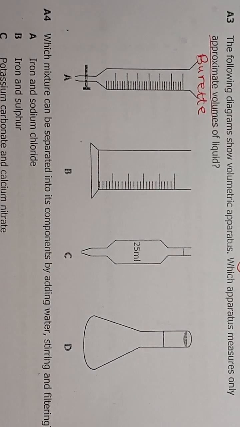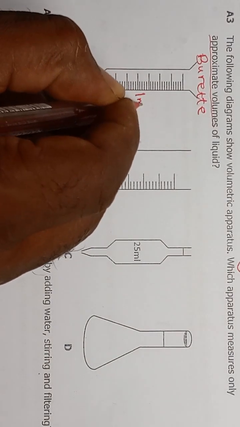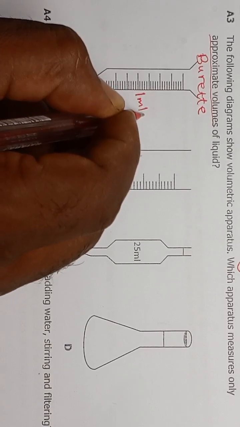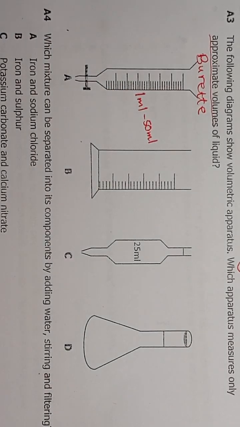So burette, it is the most accurate instrument that we use to measure the volumes of liquid. It measures a volume of liquids between 1 ml and 50 mils.